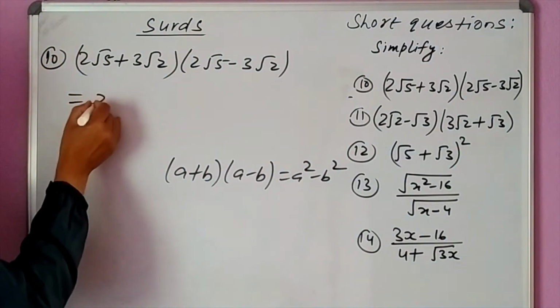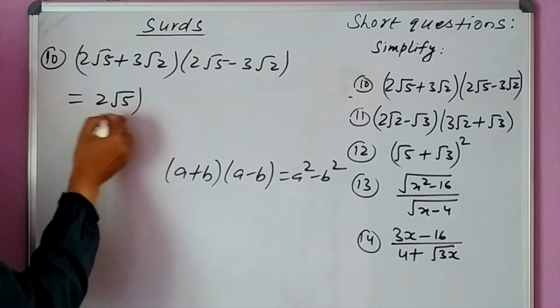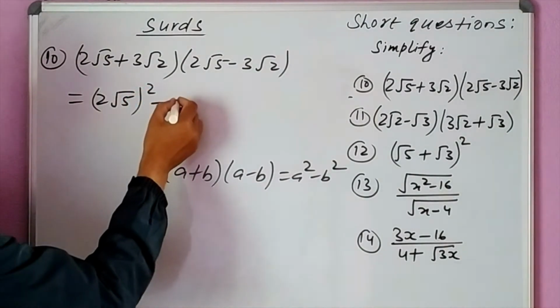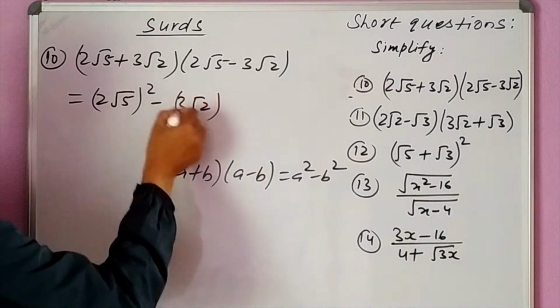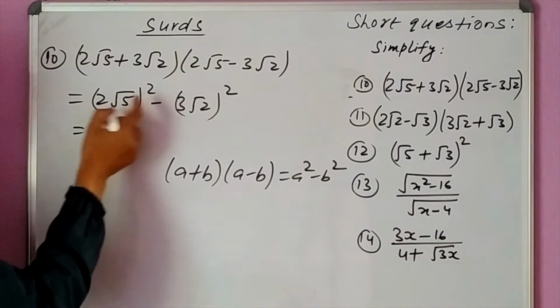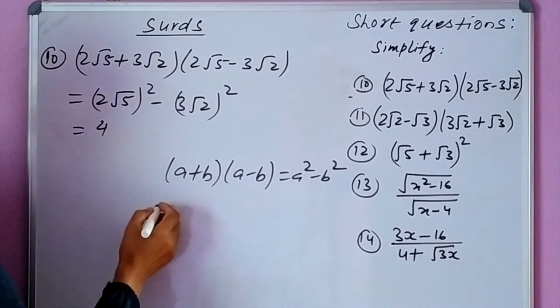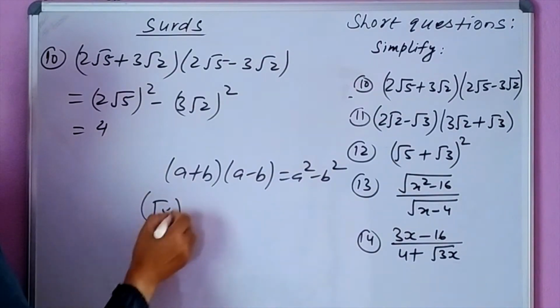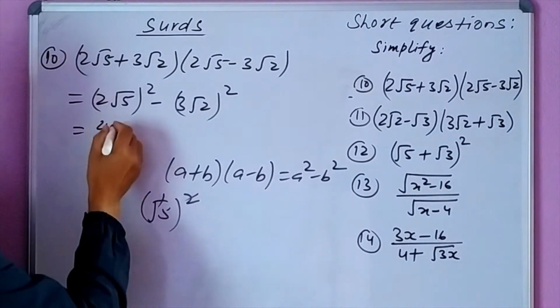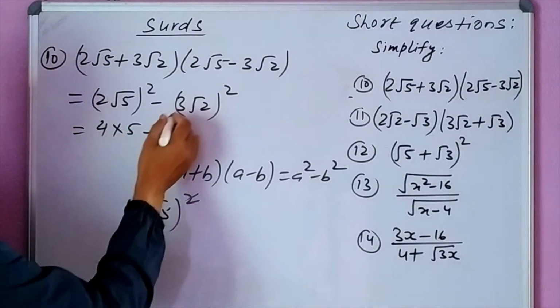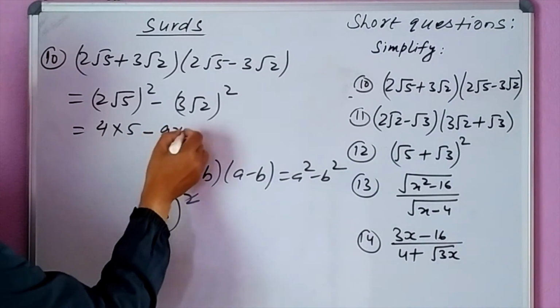So what is a here? 2 root 5. And b is 3 root 2. A square minus b square. Square of 2 is 4, and square of root 5: root 5 into root 5, the square and root cancel, so it is 5. And this is 9 into 2.